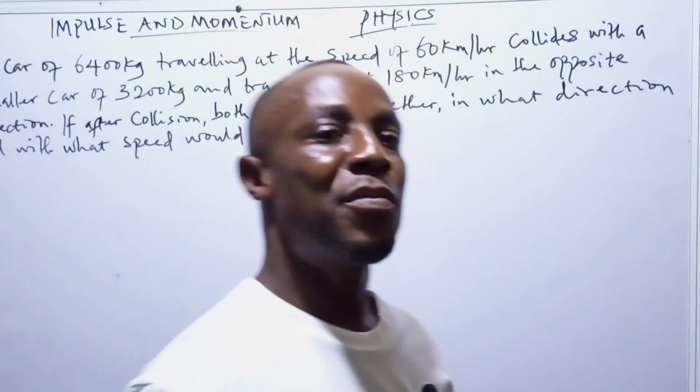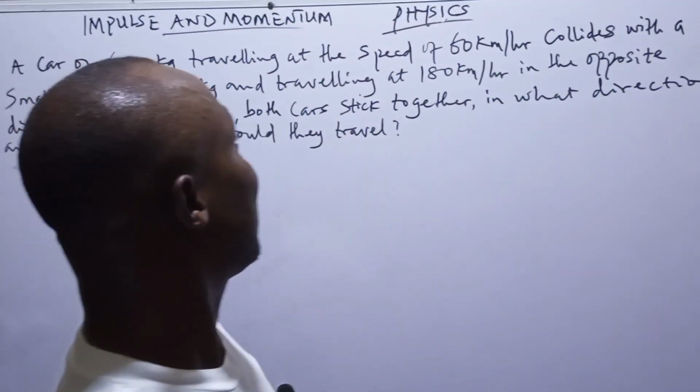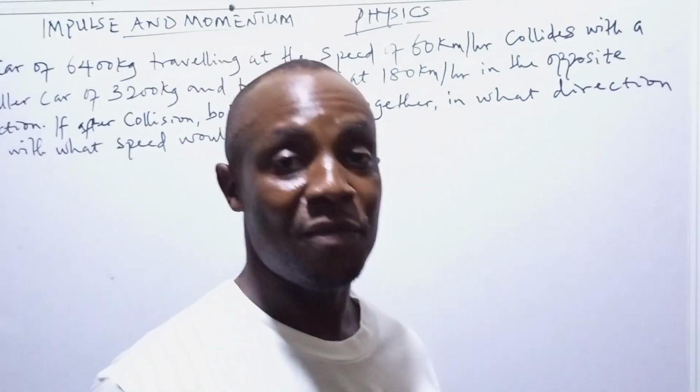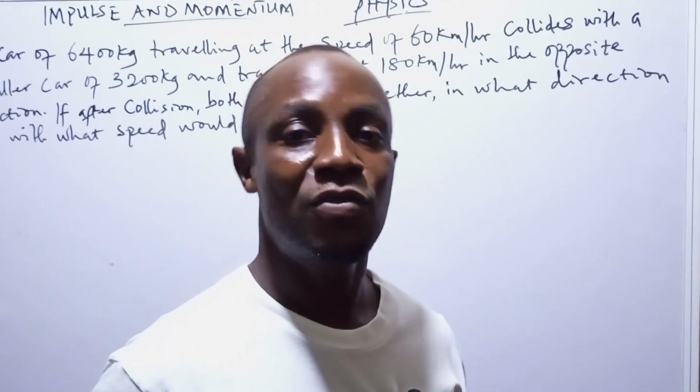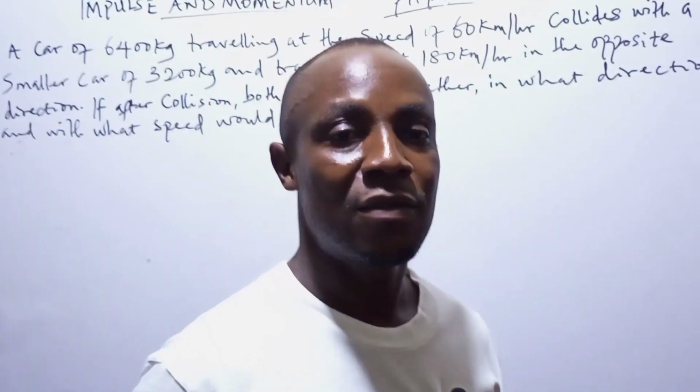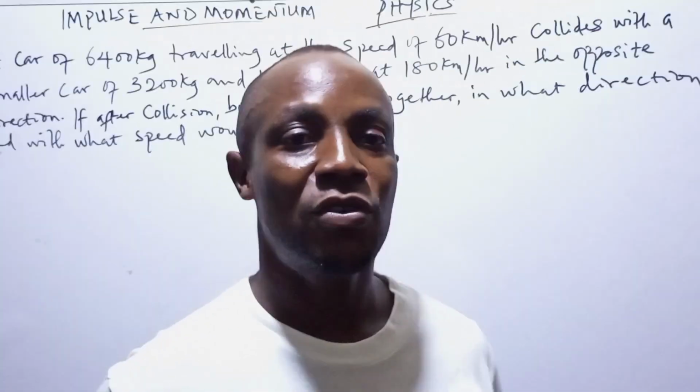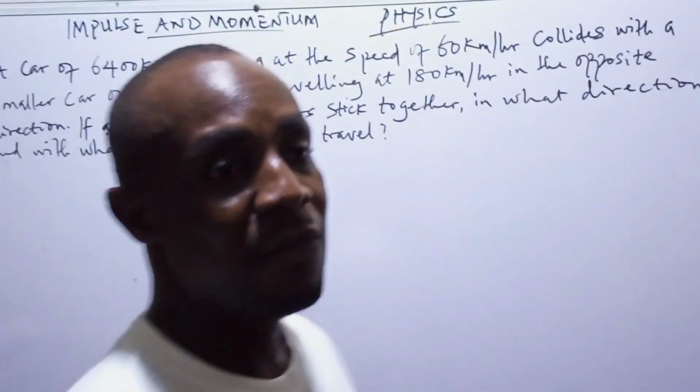Today we'll be taking problems on impulse and momentum, and it will still be a playlist so that if you're watching, you watch through. Now let's see what we have here.